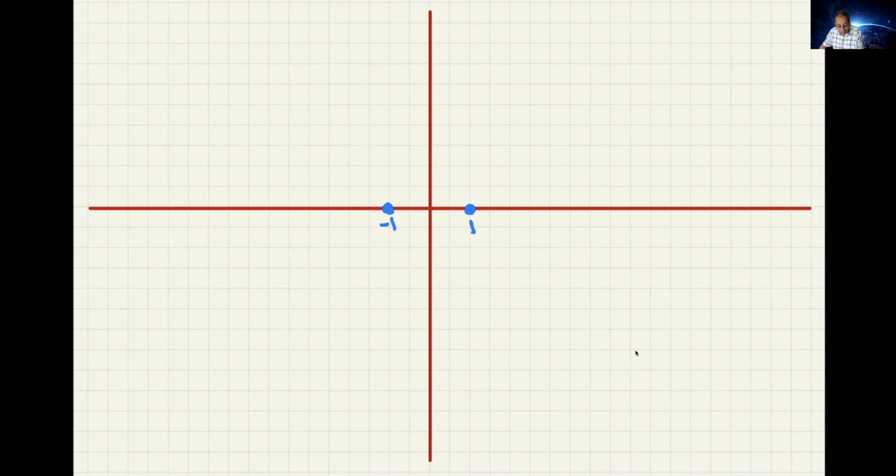And I plot the vertical asymptote. I have a vertical asymptote at 3. So 1, 2, oops, and 3. So here is the vertical asymptote.